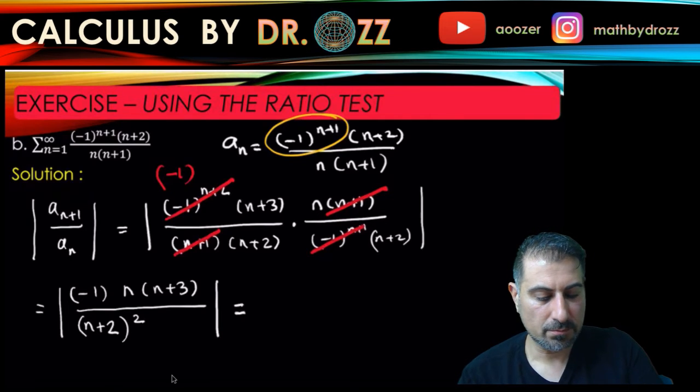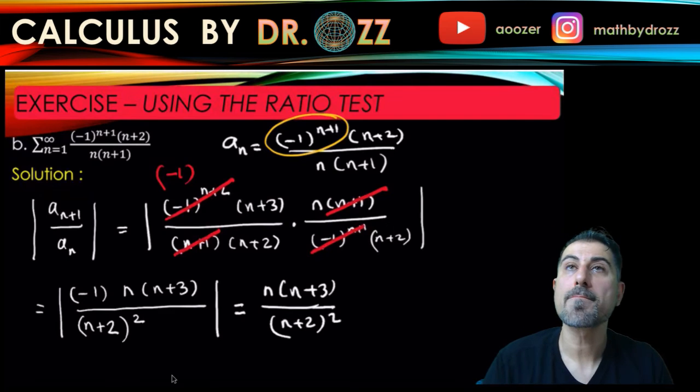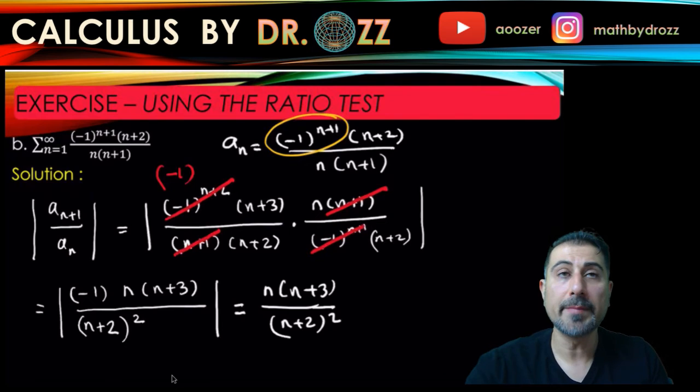I'm going to get rid of the absolute value sign because n is positive, n+3 is positive, (n+2) squared is positive. Okay. So now in the next step, what I'm going to do is to pass the limit.